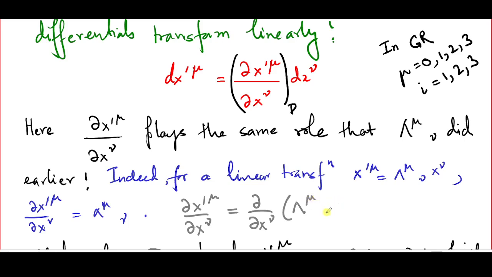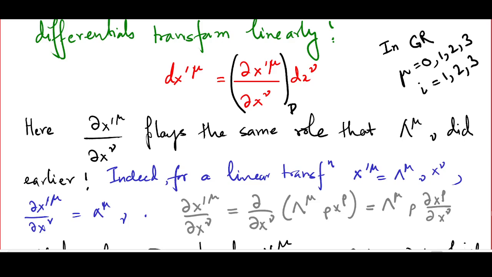Now we have to be careful. I cannot write nu here for the dummy index because I'm already using nu here, which is a free index on this side. So let's say lambda mu rho x rho. Now, for a linear transformation, lambda mu rhos are, of course, just constants, so they can move out of the derivative, and you're left with the derivative of x rho with respect to x nu. Now, the coordinates of a point are all independent.